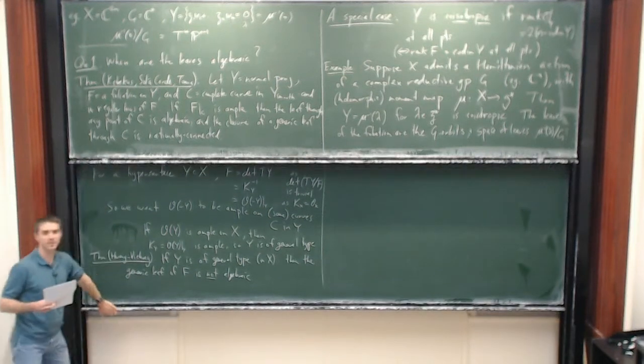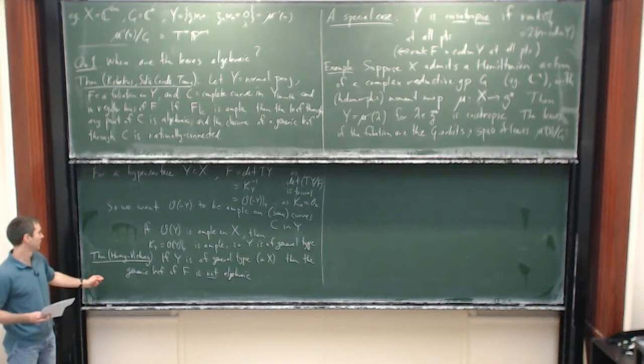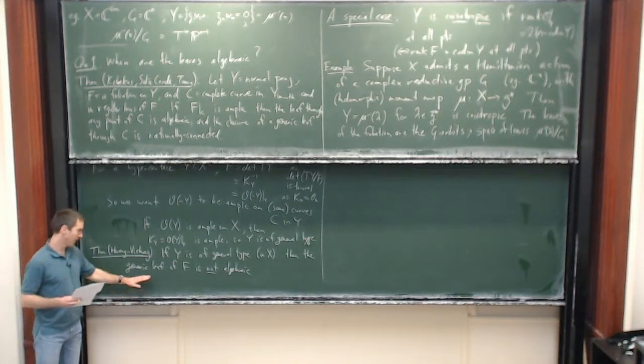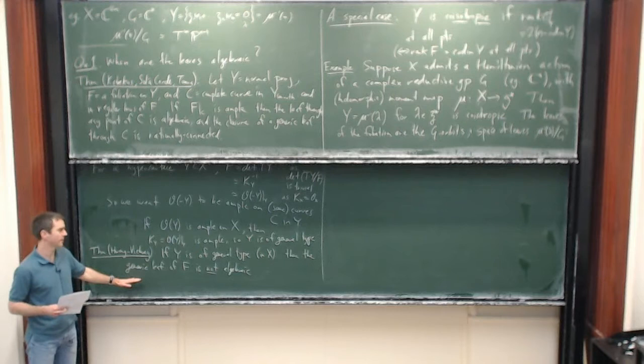Does that answer your question? Yes, the space of leaves. So at this other extreme, you could still have some algebraic leaves, but the generic leaf is not algebraic, so you don't really have any hope of creating a quotient in this case.